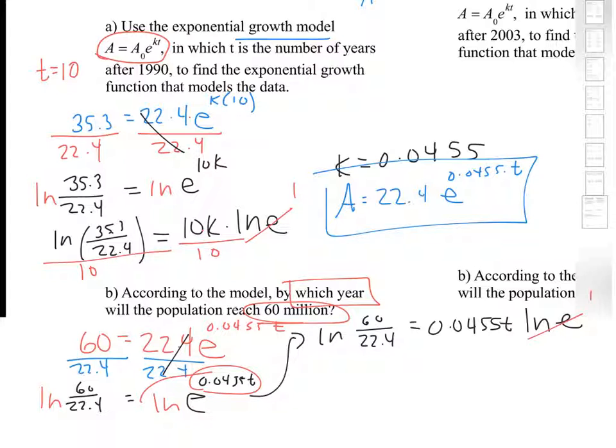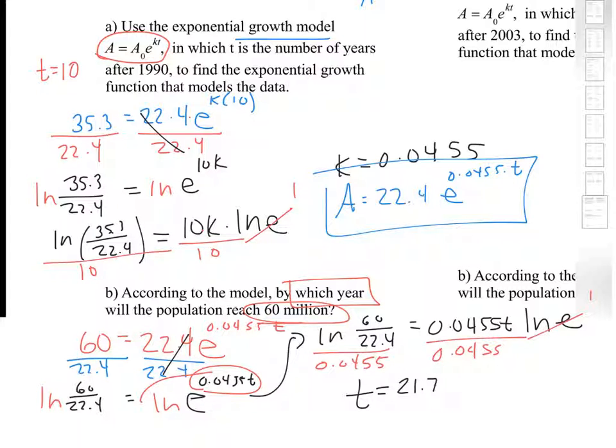And the only thing I have to do to t is to divide it by our rate that we found earlier. And we just plug all of that into the calculator, and I will get our value for time. So that gives me 21.7 years.